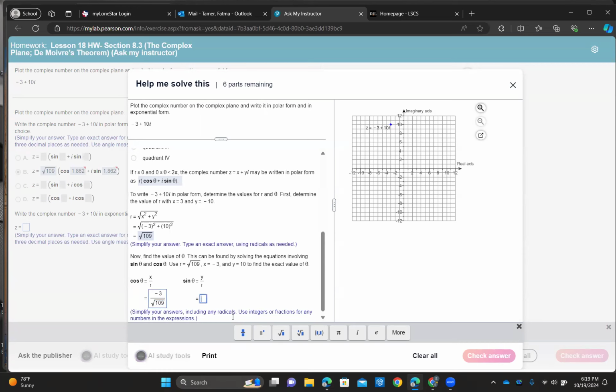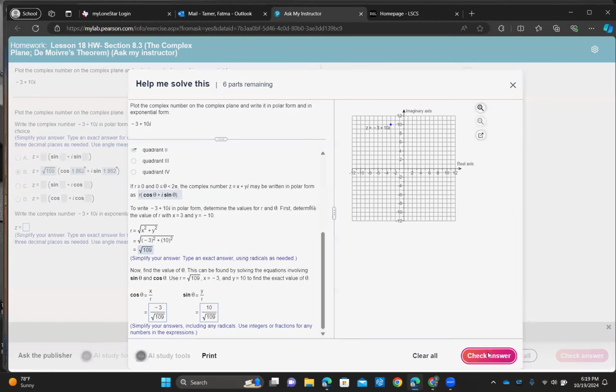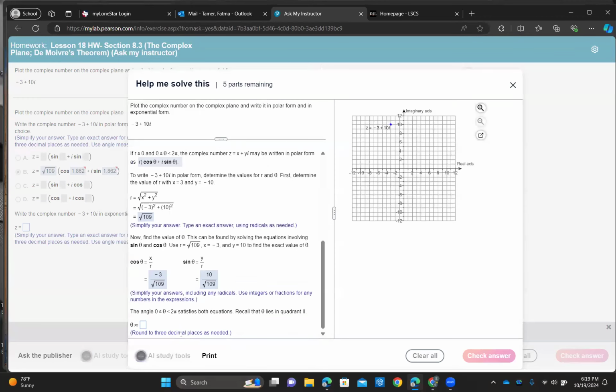And then the sine value is y over r, where the y value is 10, and the r value is square root of 109. When I check my answer, it says that I got both the cosine and sine values right. Now, this is not a famous angle that I can find without a calculator. So the angle satisfies both equations. Remember, this angle is in quadrant 2.